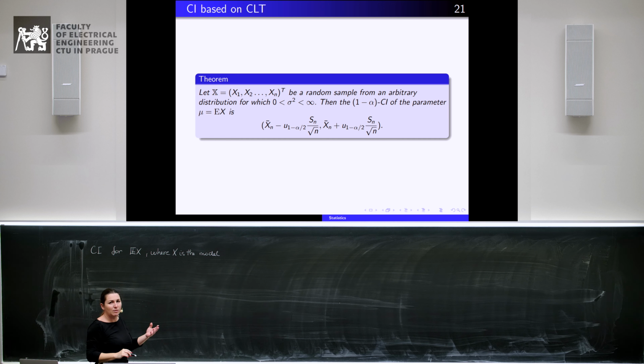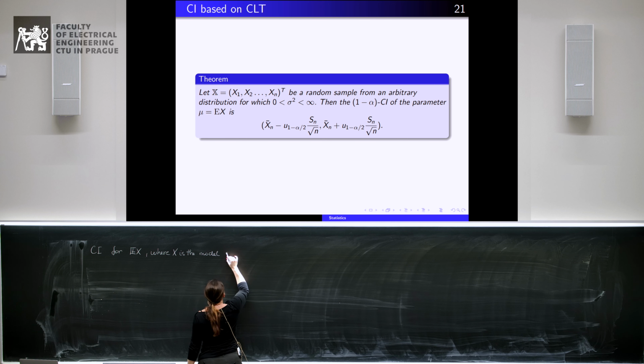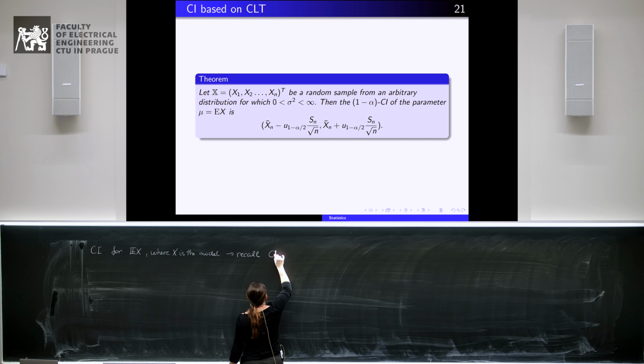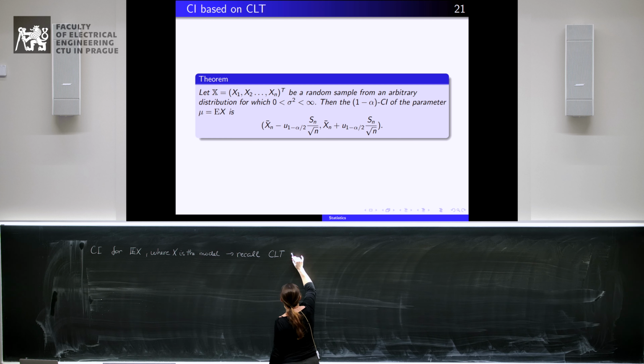It means the random variable from which the data comes. And we will use the central limit theorem.